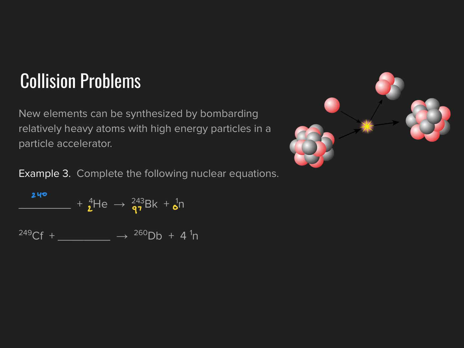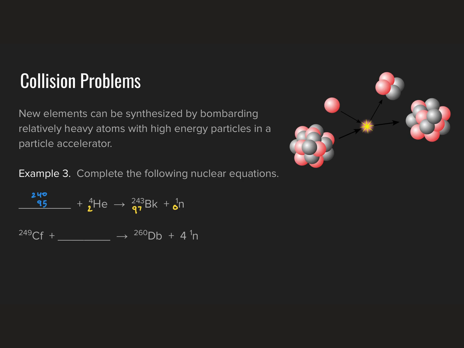And we can apply that exact same logic as well to charge. The total charge on the right side of our equation, on the product side there, is our 97 from the berkelium plus 0 from the neutron. So we've got a total charge of 97 on the right. There was a charge of 2 from the helium on the left, which implies the other particle must therefore have been accounting for 95 of those positive charges in our system.